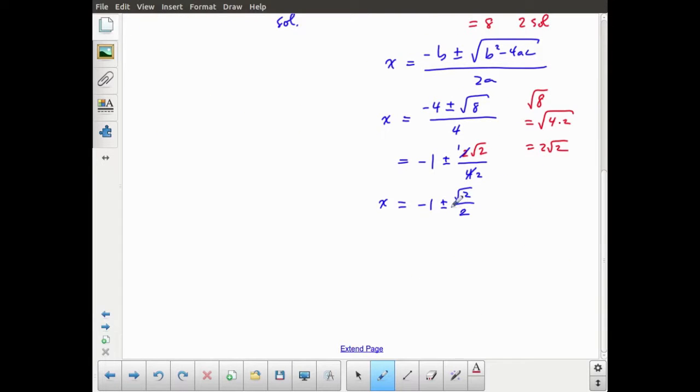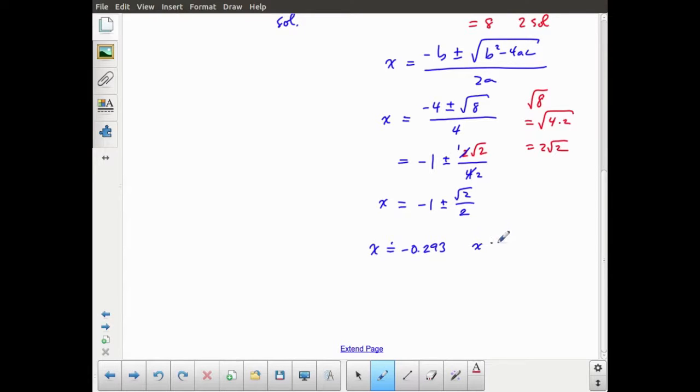Now this is a pretty nice form as it is right now. Probably going to want approximate values for this. So that works out to be x is approximately equal to, root 2 over 2 is equal to 0.707. So -1 plus 0.707 is -0.293.